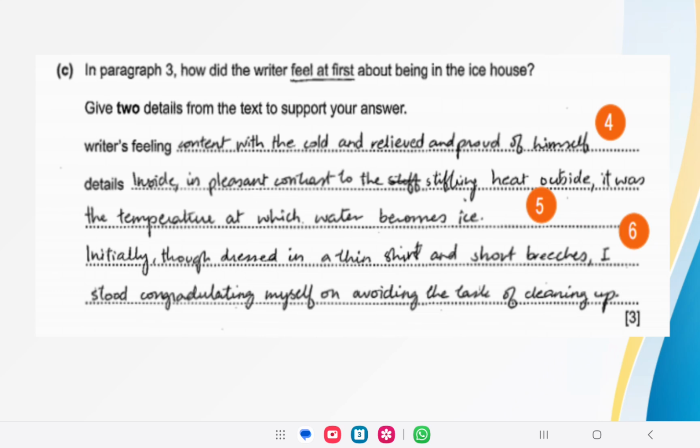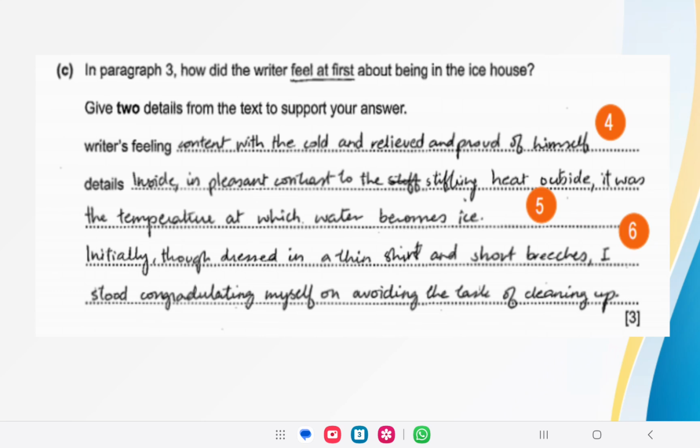You have to answer how did he feel at first. Do not miss such words, because sometimes students go for feelings that are described after that. So if "at first", or "at the end", or such time markers are given, do pay attention to them. That's why you have to read your question properly.